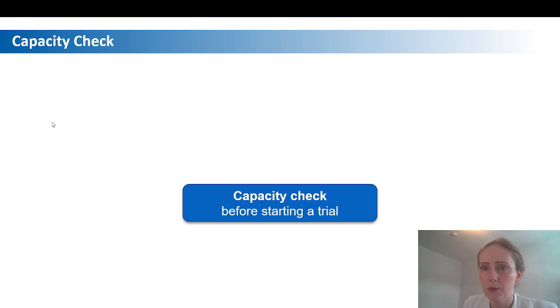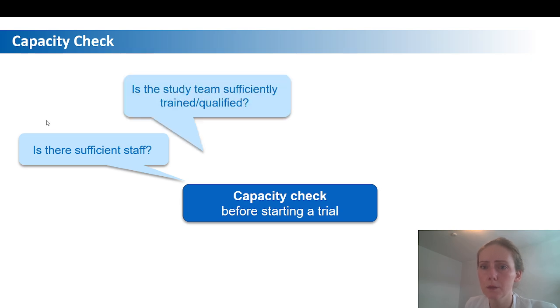Before starting and planning a new trial, the study team should perform a capacity check of the site. The capacity check should include a variety of topics. Of course, some, or at least the extent, depend on the trial. Is there sufficient staff available? Is the team sufficiently trained or qualified?